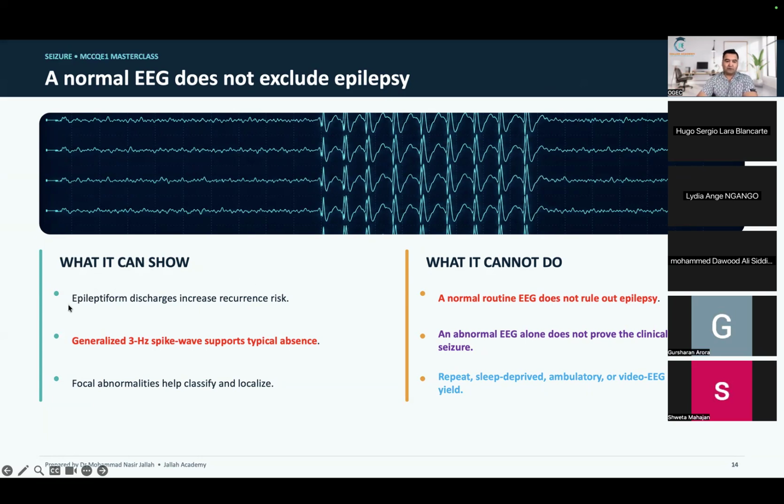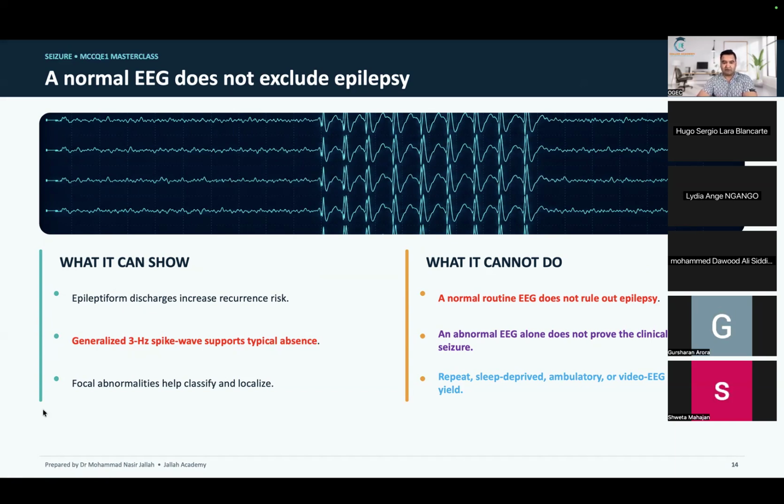What EEG can show: epileptiform discharge, increased recurrence risk. For the generalized, 3 Hz spike and wave supports typical absence. Just remember this, for absence or generalized, usually they will mention 3 or 4 to 7 in the scenario.